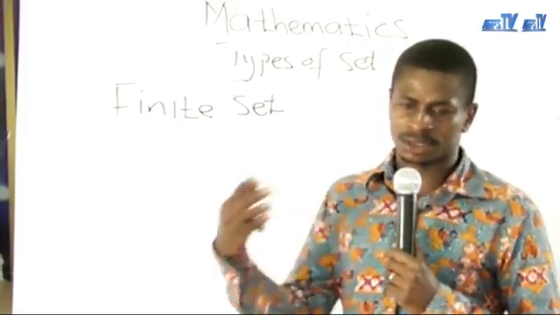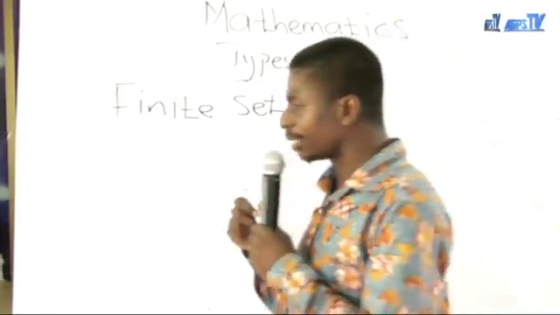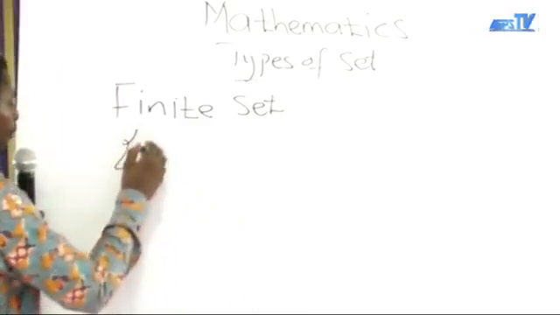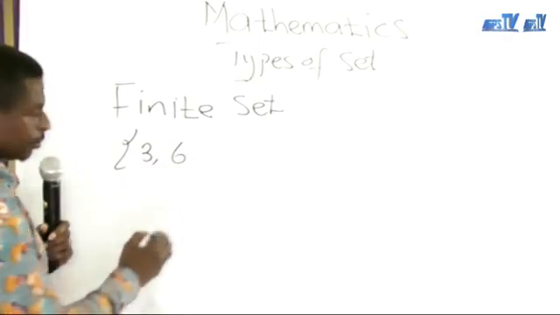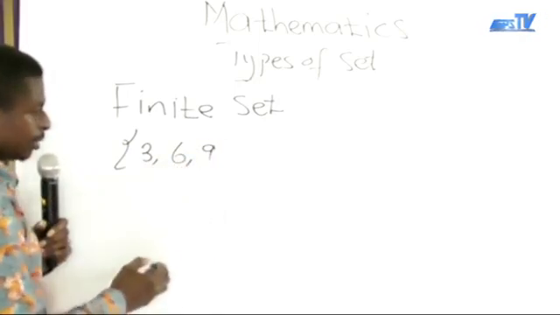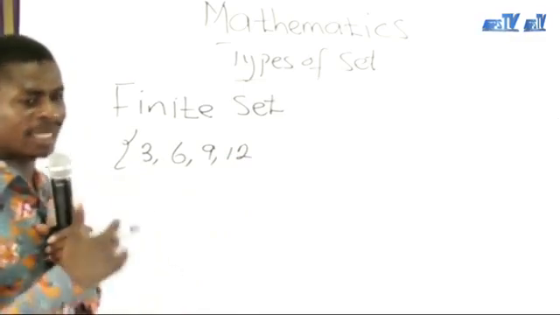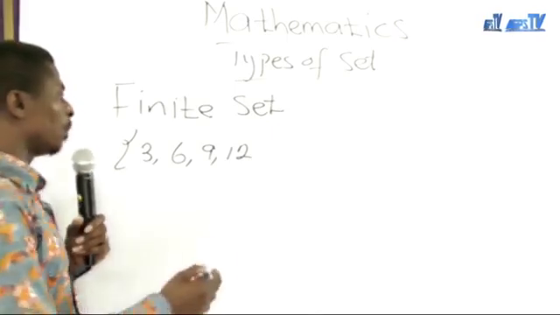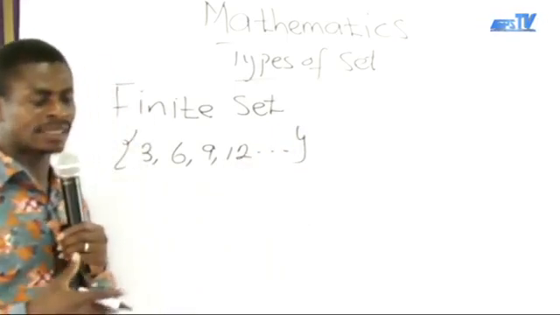So when I ask you to tell me the multiples of 3, you are likely to tell me 3, 6, 9, 12, and you continue to mention these multiples to such a time that you may not be able to find the last digit or the last member.